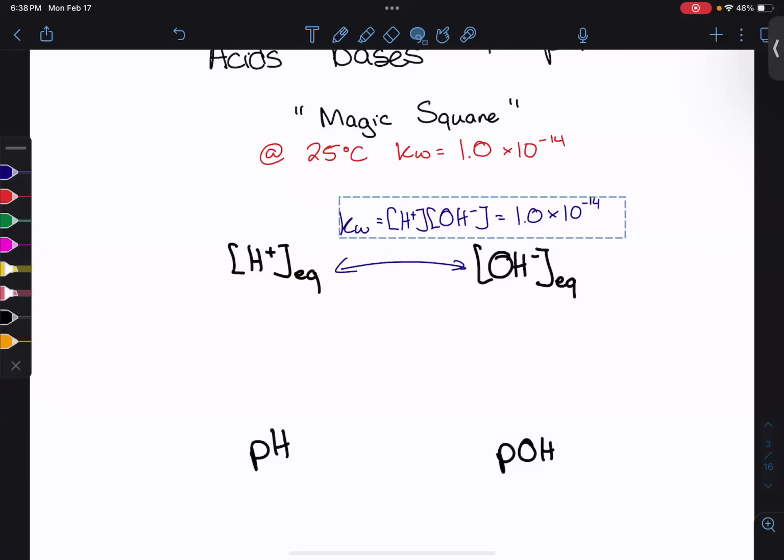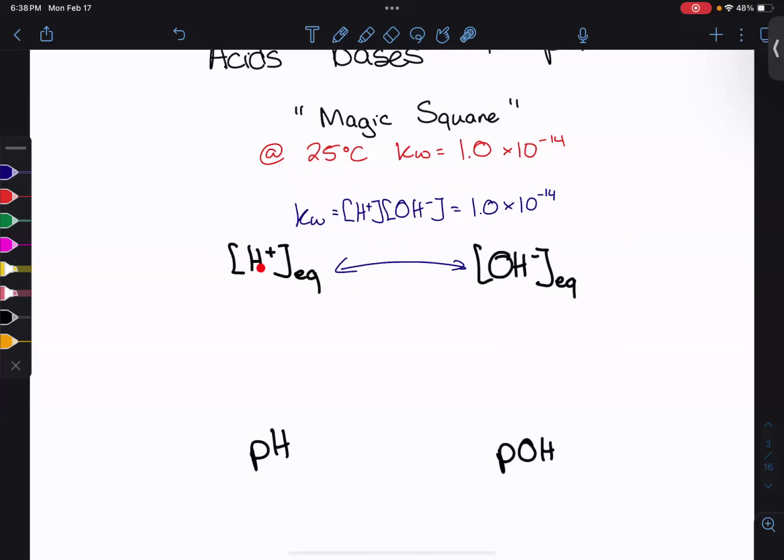That's very important because if I know H plus concentration at equilibrium, I know hydroxide concentration at equilibrium, because the product of both of those numbers is Kw, 1 times 10 to the negative 14, right?